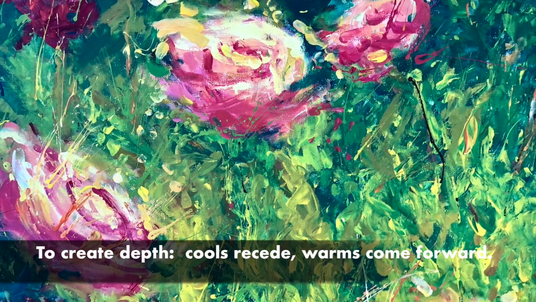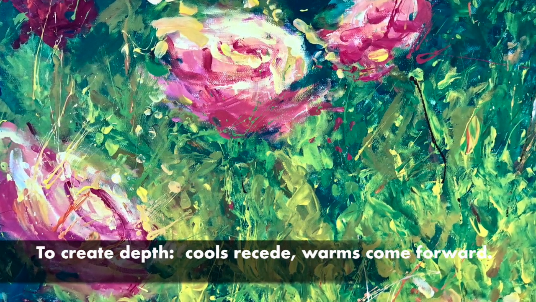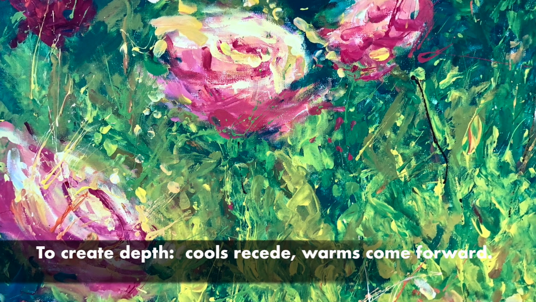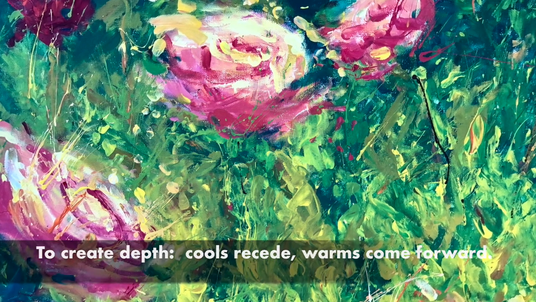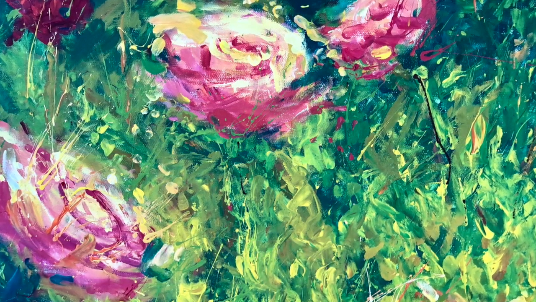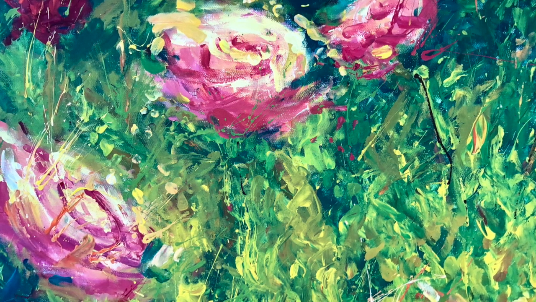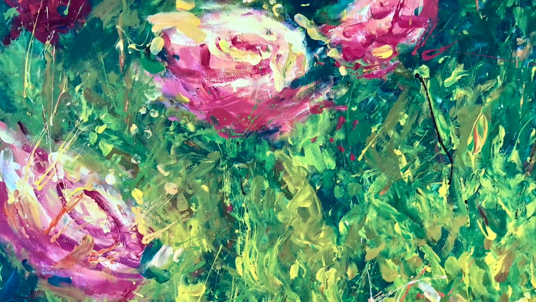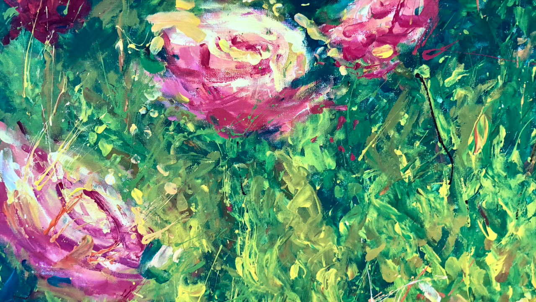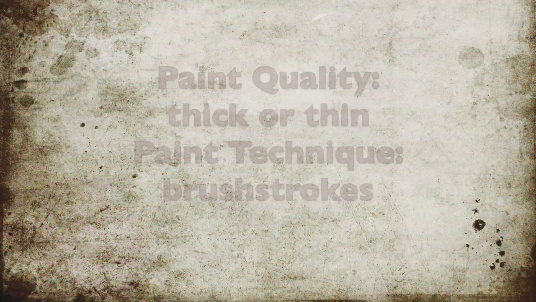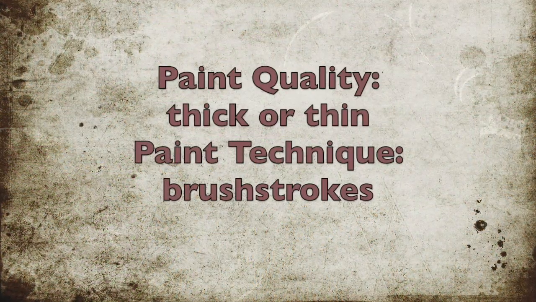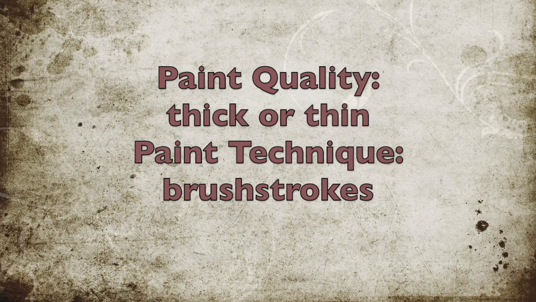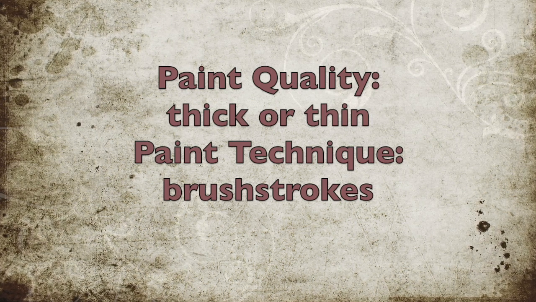So by having those cool greens and layering warm greens over the top, it looks like this image has a lot of texture and depth that if you were to touch the canvas, you'd be surprised how completely smooth it is. So paint quality has to do with how thick or thin the paint is being applied.